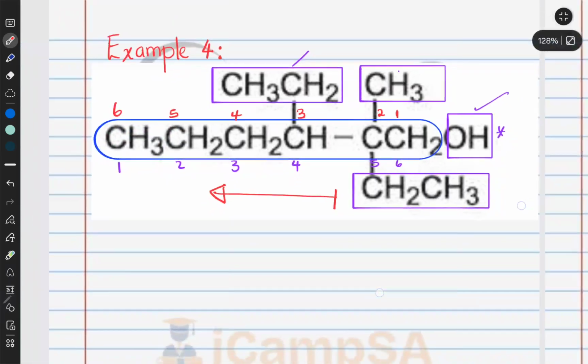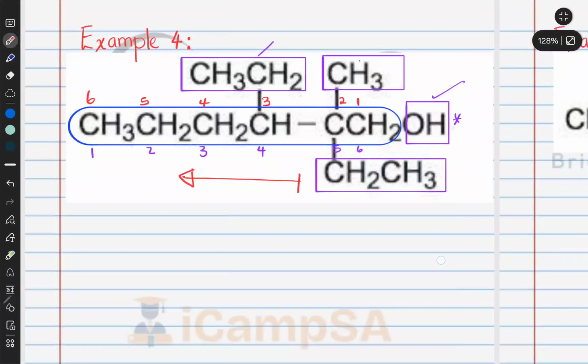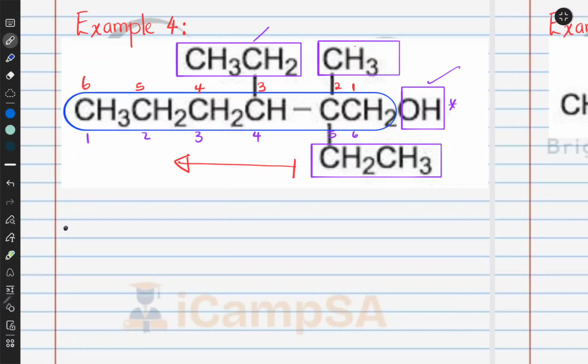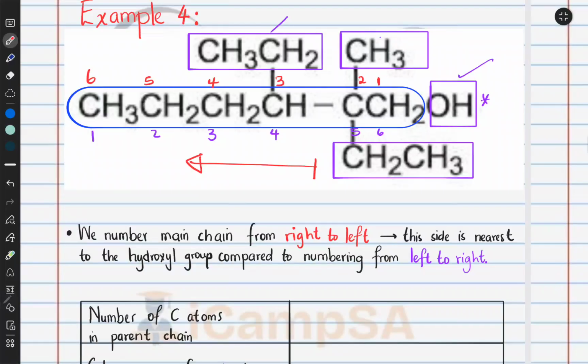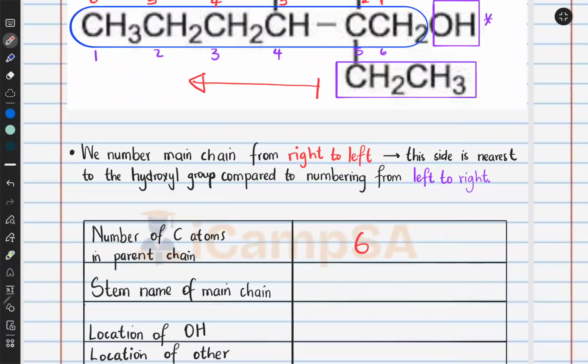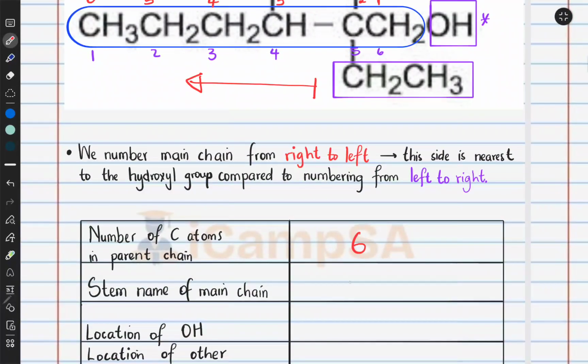That's our numbering. Let us first note that it's best to number from right to left instead of left to right. All right, so how many carbon atoms are in our parent chain? We found 6. The stem name, if it's 6, remember it's hex.